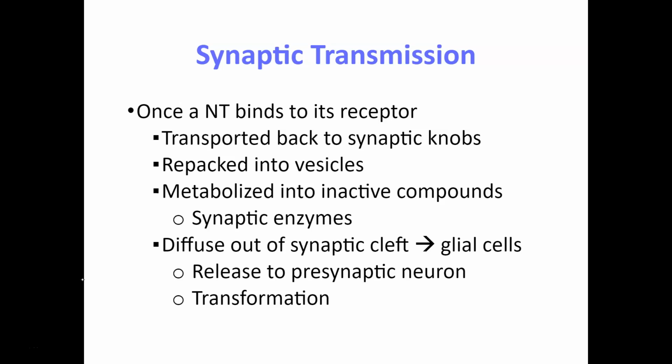They can be metabolized into inactive compounds by enzymes that are present in the synapse, and then those pieces can be reused by the presynaptic neuron. Or they can even diffuse away from the synapse and be used by other cells in the body for other purposes.